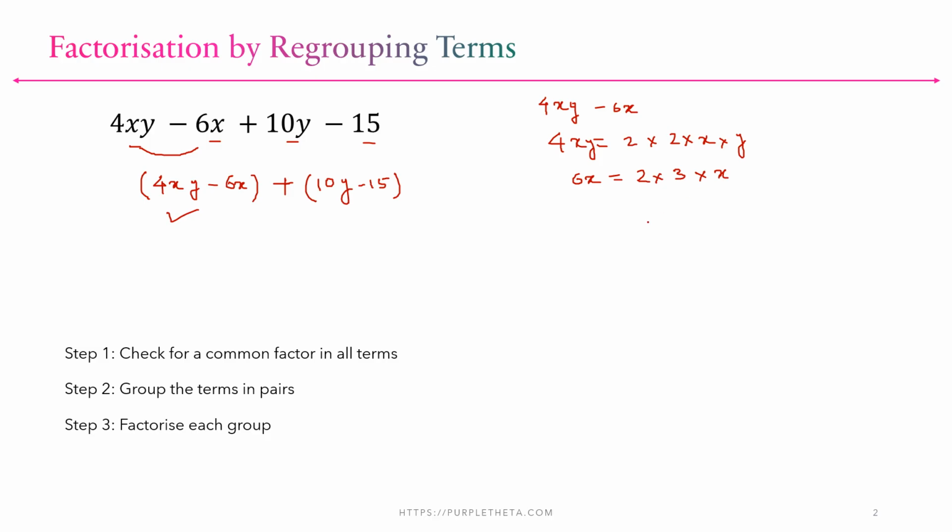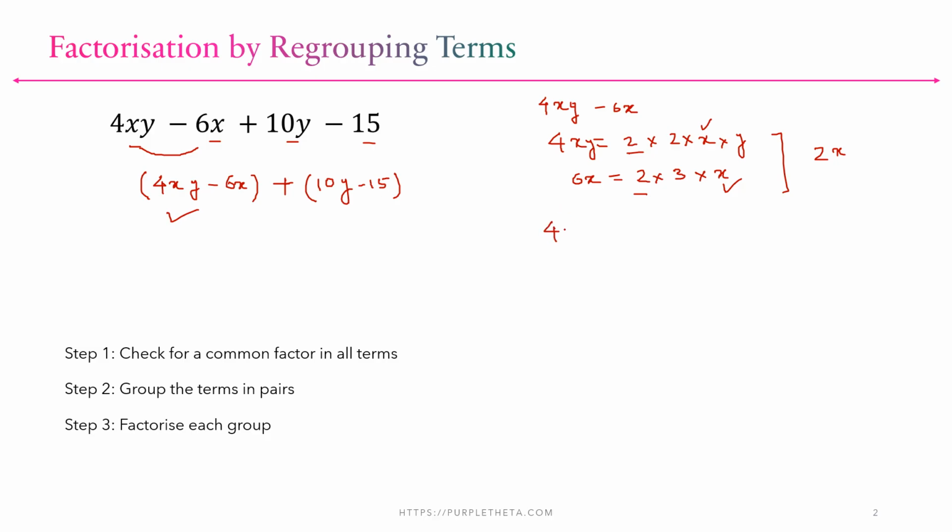Here 2 is common in both the terms, and x is also common in both the terms. So the common factor is 2x. This means 2x is present in both the terms, so we take 2x out.